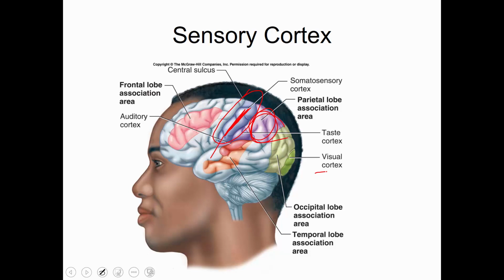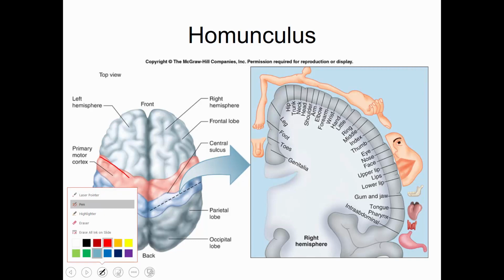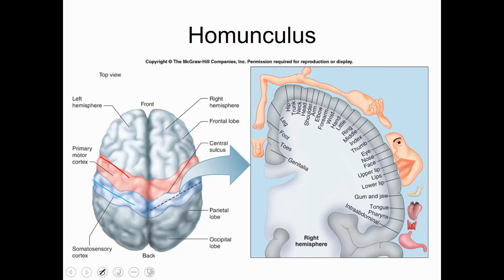There's the visual cortex back here. Right in front is the motor cortex. So we'll talk about some of those things in class when we get done with sensory. So again, here you see motor in red, and then somatosensory cortex in blue. Alrighty?